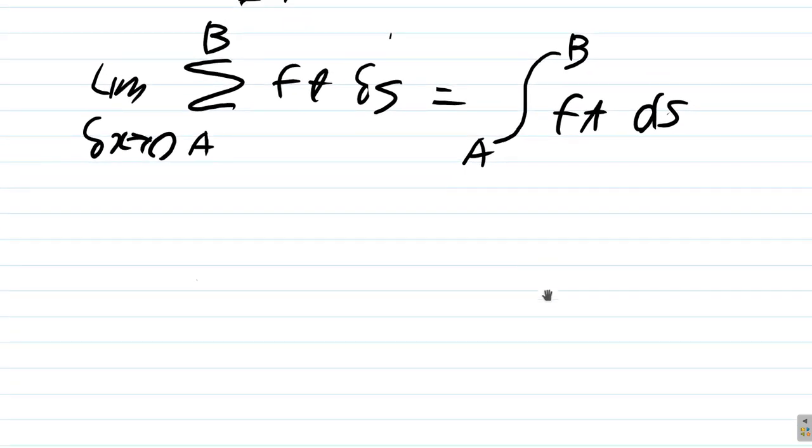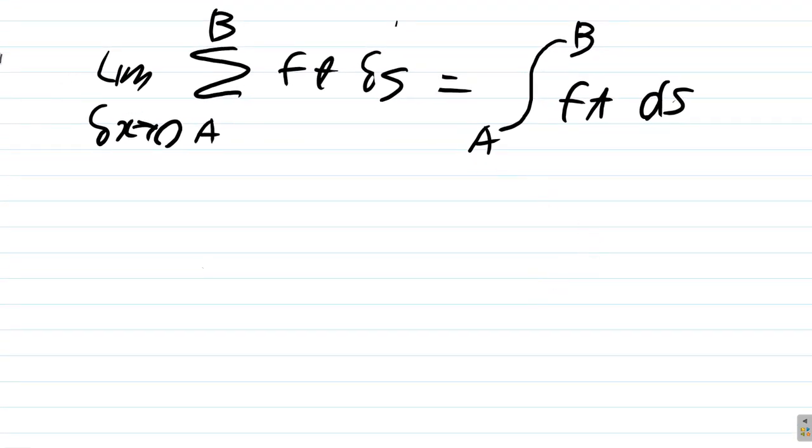But the thing is, since it is an integration along a curve AB, the way it is written is like this. Instead of putting A at the bottom and B at the top, it is written like this, showing AB.